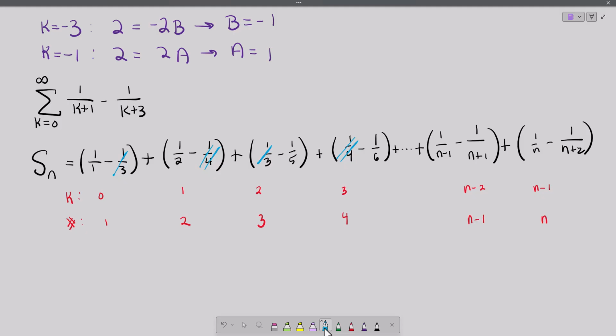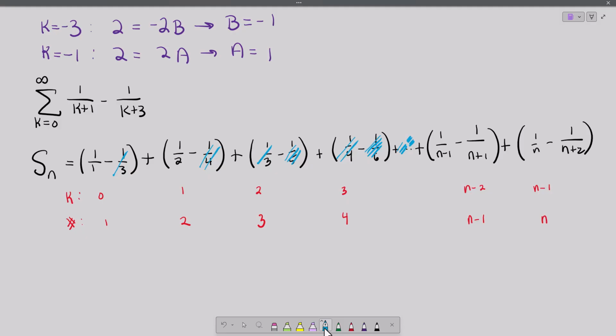So second parts are canceling. So this is a second part. These are not second parts. These can't cancel. Right? Only second parts are canceling. This second part will cancel with something over here after we skip that term. This is the second part, and this is going to cancel with something that's in here also. So going left to right, second parts are canceling.